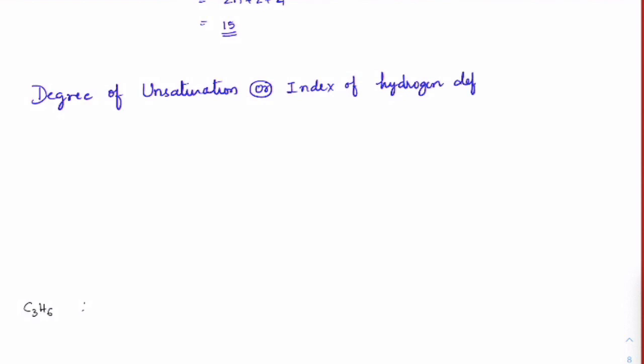Is that clear? Continuing this, we first need to understand what a degree of unsaturation is. This term is used in various terminologies, such as index of hydrogen deficiency, or it is also used as double bond equivalent.